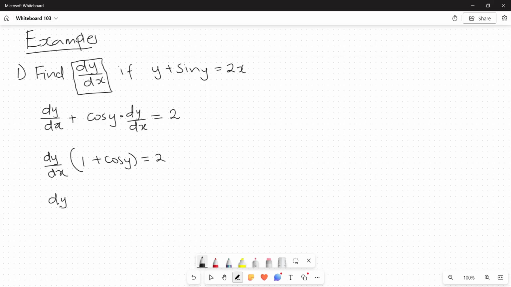So we can see that dy dx is equal to 2 over 1 plus cos y. Okay, so the way we find the derivative with these implicit functions is by applying a chain rule. So on the outside here you have sine, then when you move to differentiate anything with y, you multiply by dy dx.